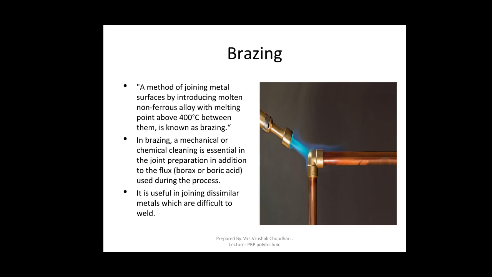It is useful for joining dissimilar metals which are difficult to weld. What is brazing? A process of joining metal surfaces by using non-ferrous alloy having a melting point above 400 degrees Celsius is called brazing.